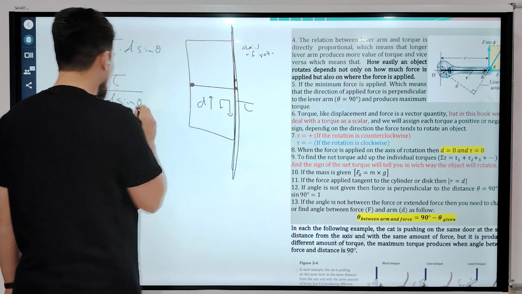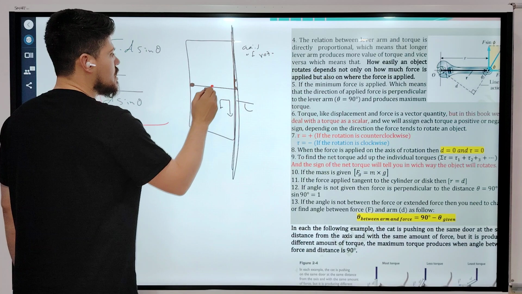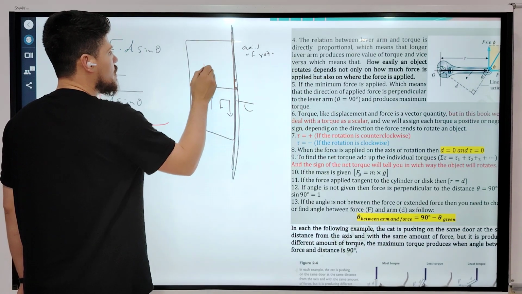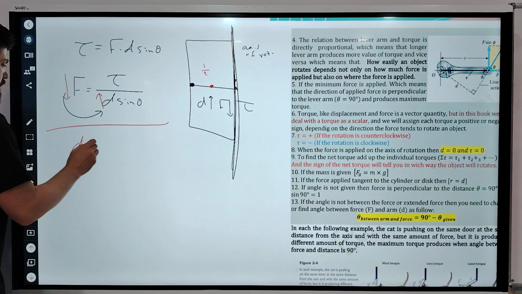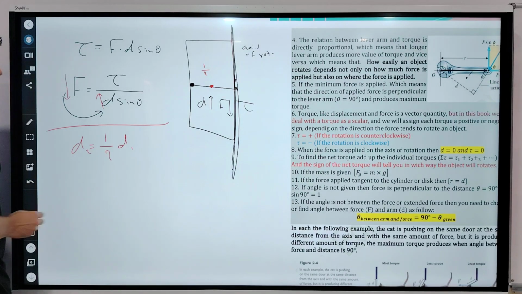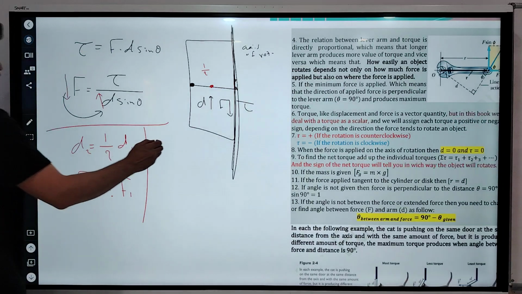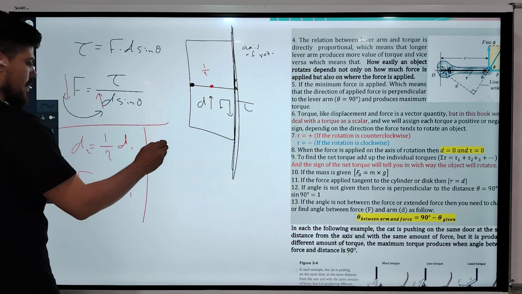In the case when the handle is located at the middle of the door, it means that we decrease the distance to half. D2 is equal to half of D1. F2 is equal to how many times F1? Absolutely, it should be twice. Why? Because force is inversely proportional to distance.